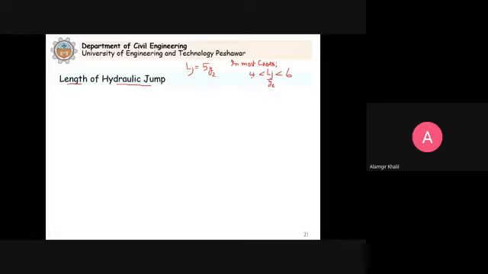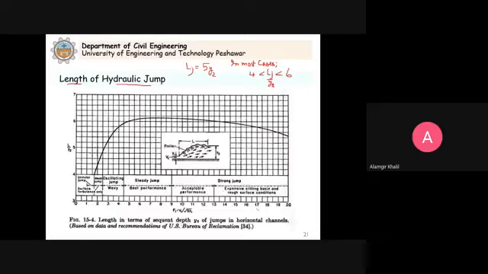So this is what is written in your textbook: although the length of the jump is difficult to predict, a good approximation is about 5 times y2, where y2 is the depth after the jump. And in most cases Lj by y2 is between 4 and 6. However, this is a graph which is developed by the USBR, the US Bureau of Reclamation.